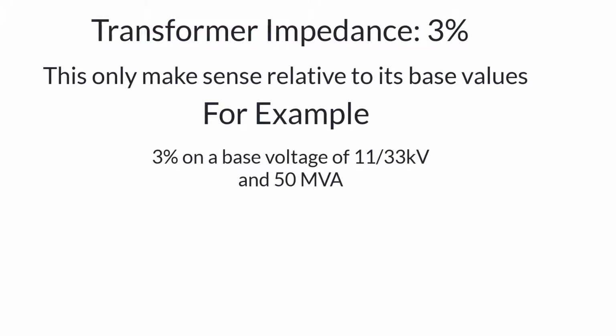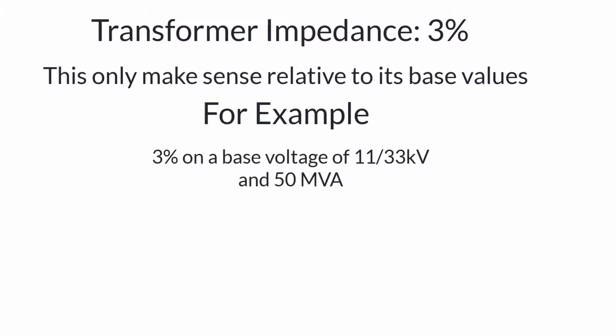So it only makes sense relative to those base values. And if you look at a transformer nameplate, you will see the transformer impedance in percent, but you'll also see the voltage ratings and also the apparent power rating associated with that impedance.